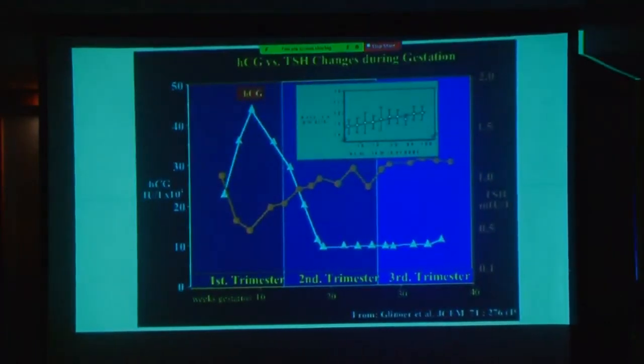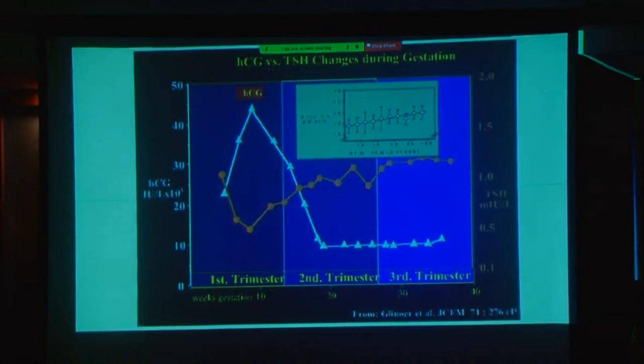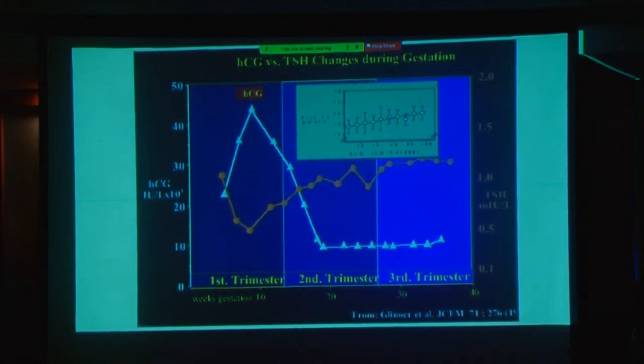This is a very important slide. In the first trimester of pregnancy, the HCG goes up. When somebody is having hyperemesis gravidarum, HCG levels are much, much higher. Then a reciprocal thing happens in the thyroid: TSH will come down. There are situations where you can get a transient hyperthyroidism also when the patient is having hyperemesis gravidarum.